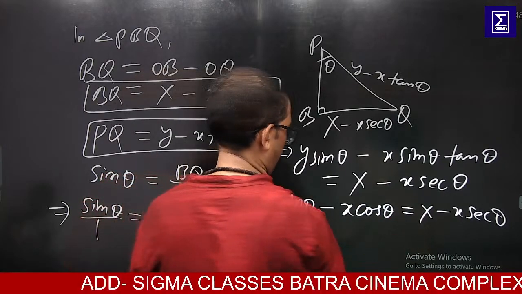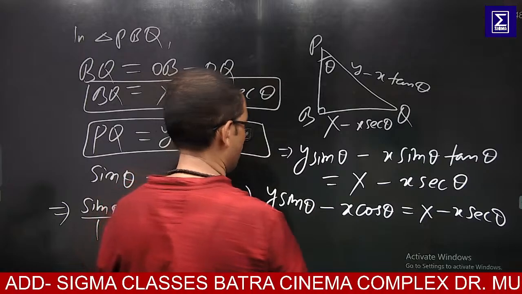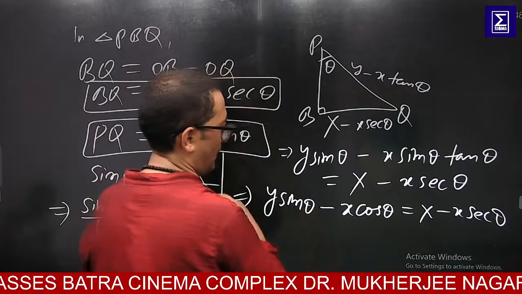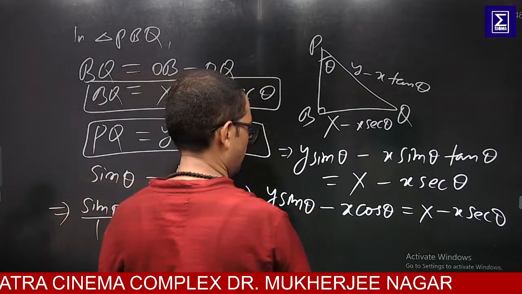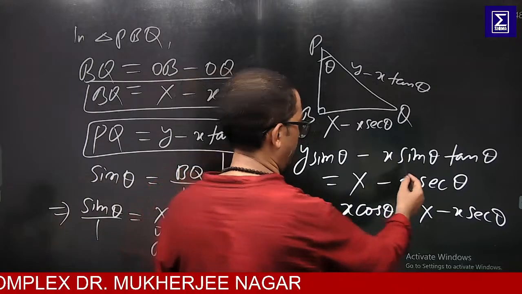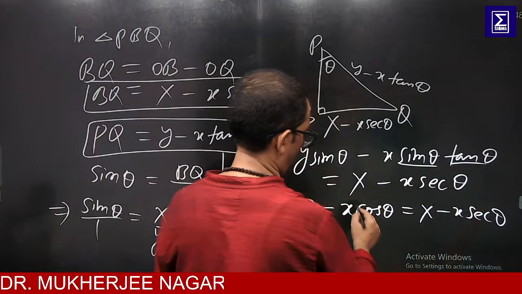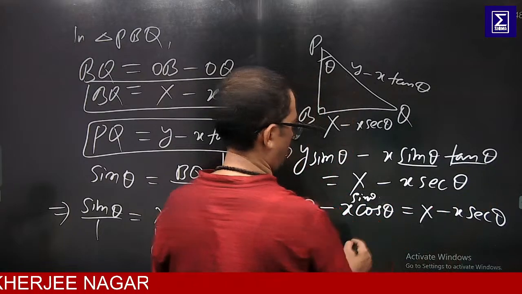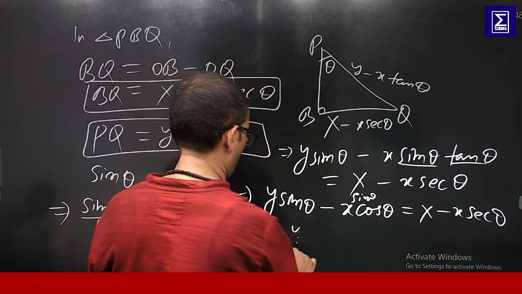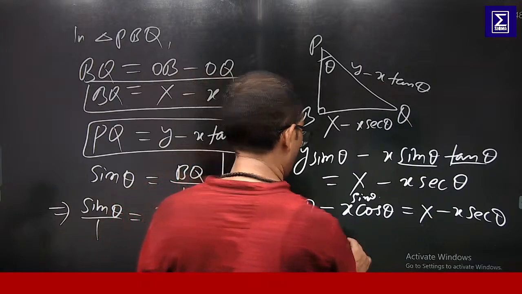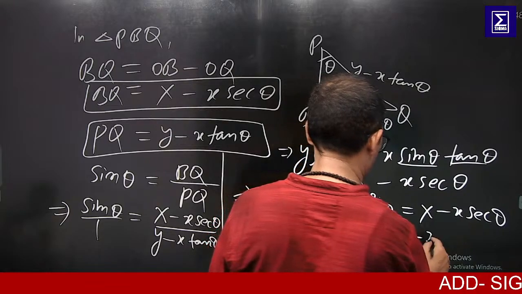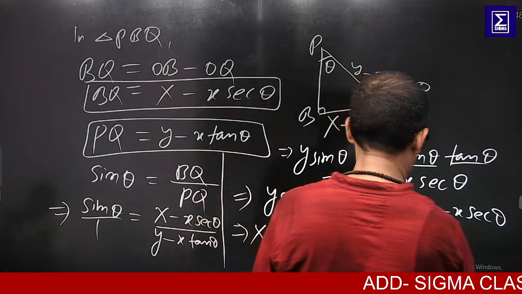So it will go that side. Here it would be sin theta and cos theta both. So X would be y sin theta plus x secant theta minus x sin theta tan theta.